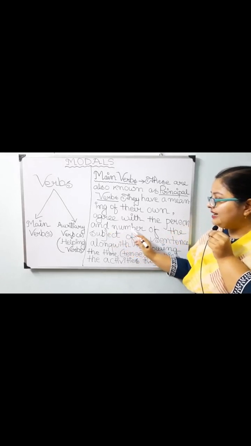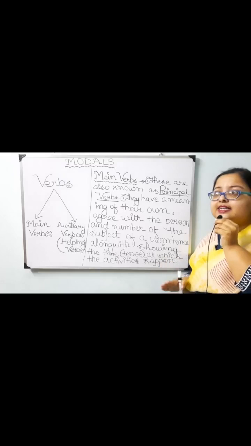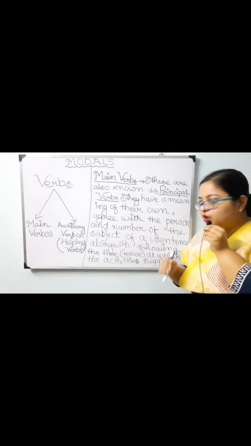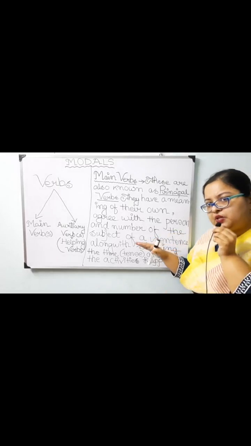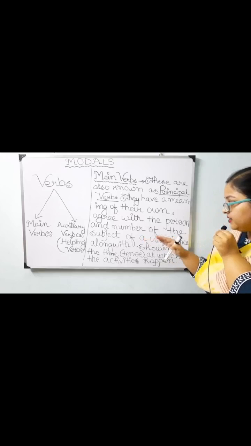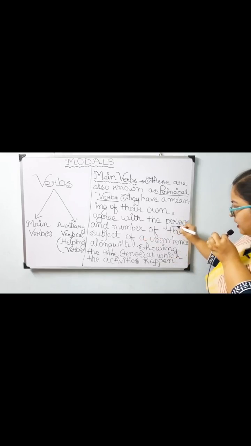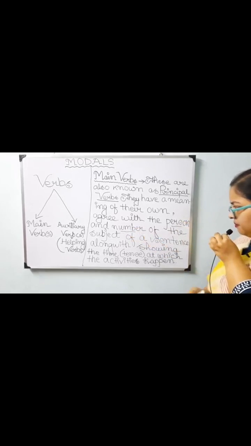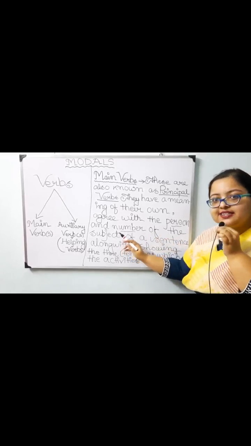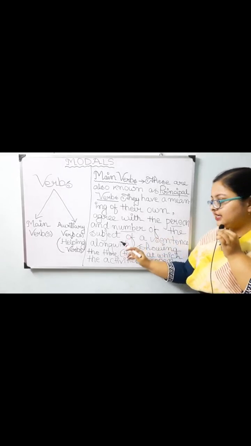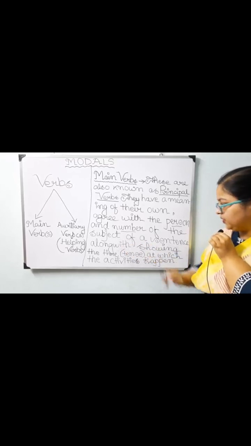Then and number. Number, whether it is plural or singular in number. Now of the subject: basically, when we are speaking of the person and the number, we must know that it is referring to the subject only.